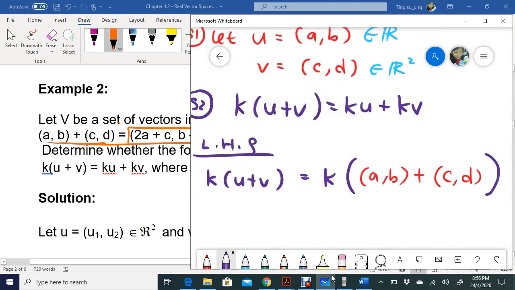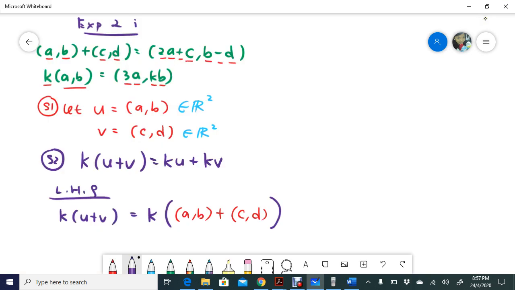Okay, so what will you do next? You look at the pattern. So what's the pattern now? Look at this one. You have a vector plus a vector, so it's the first one. So what's your answer then?